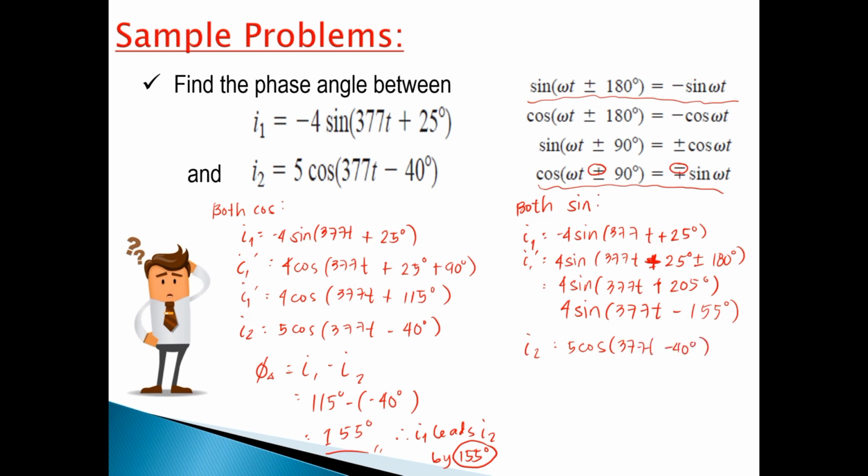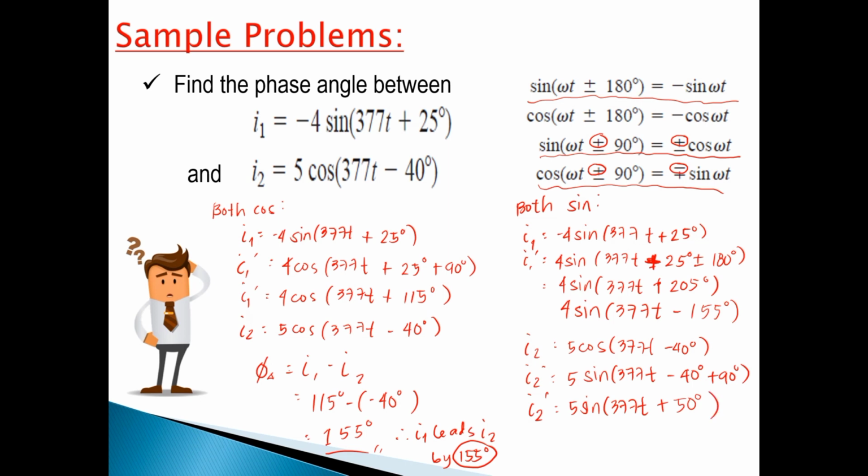Then for I2, we have 5 cosine of 377t minus 40 degrees. Convert cosine into sine. We have positive cosine, so we will have plus 90 degrees. So I2 prime equals 5 sine of 377t minus 40 degrees plus 90 degrees, so our I2 prime is equal to 5 sine of 377t plus 50 degrees.